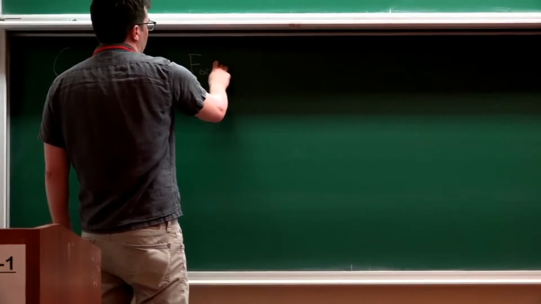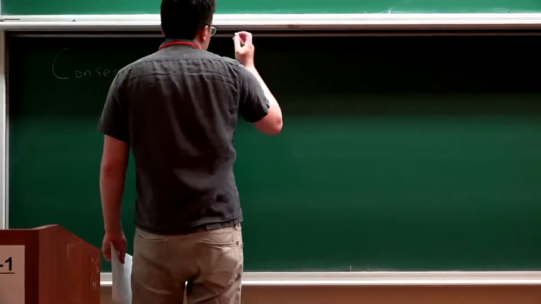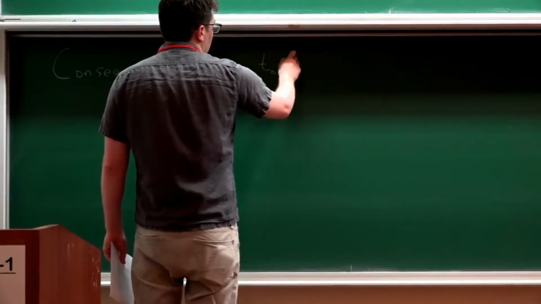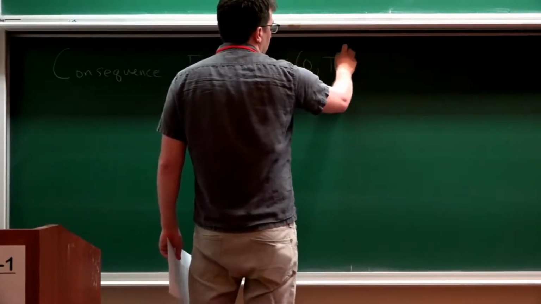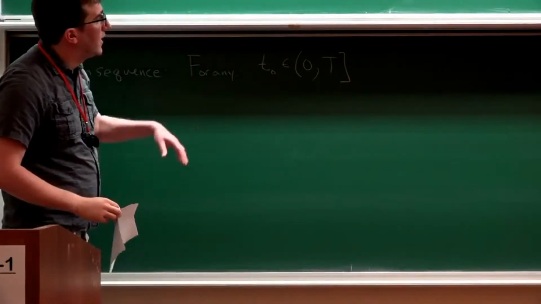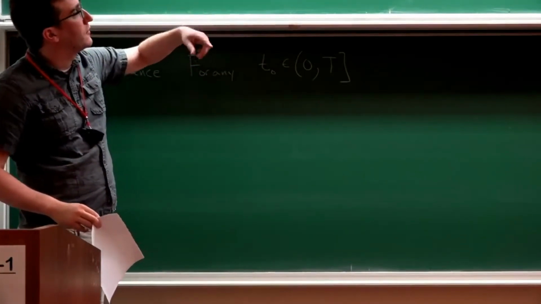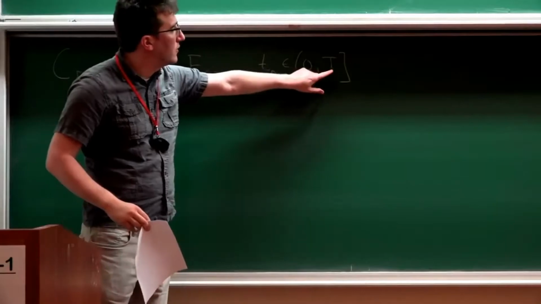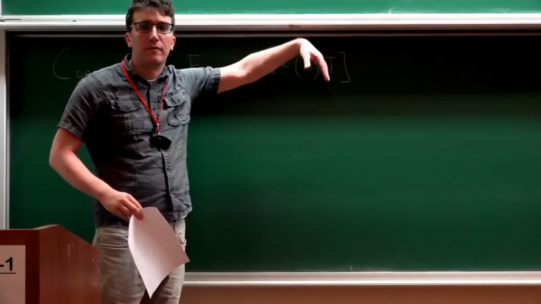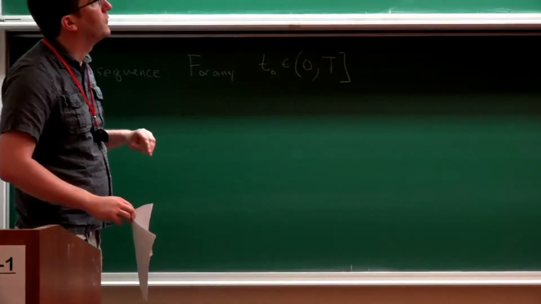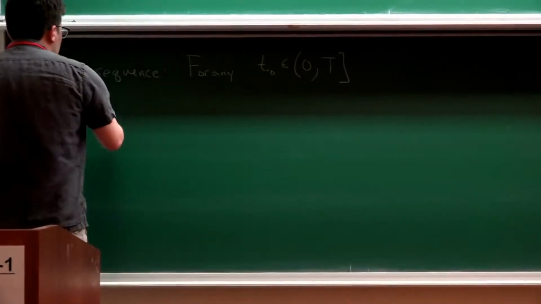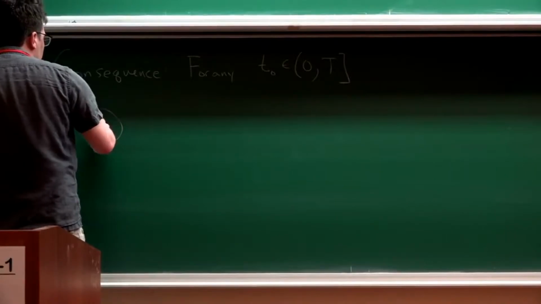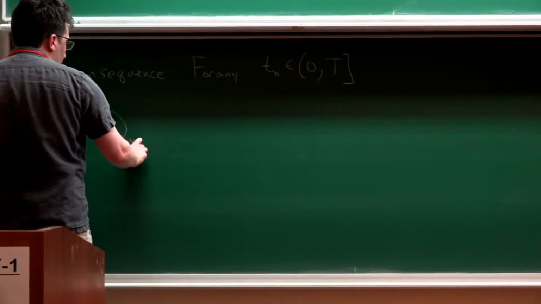For any t naught inside of 0 to T, we need the time t naught to be after the initial time, but we allow it to exist up to the time where the flow ceases to be smooth, so we include capital T. We can define the so-called Gaussian density of the flow.